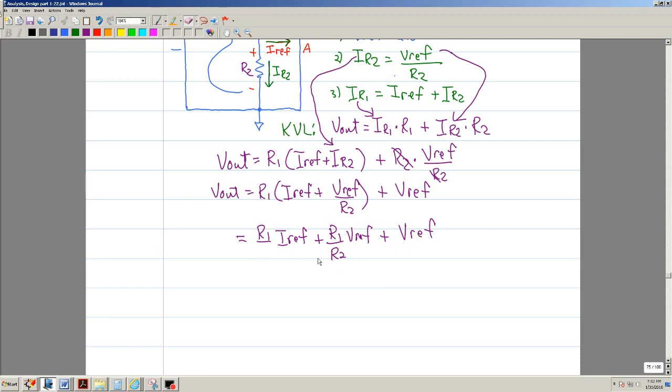Okay, so now I can factor this out. The Vref, I'll bring it over to the left side. We'll say that Vref, 1 plus R1 over R2, plus R1 IREF.